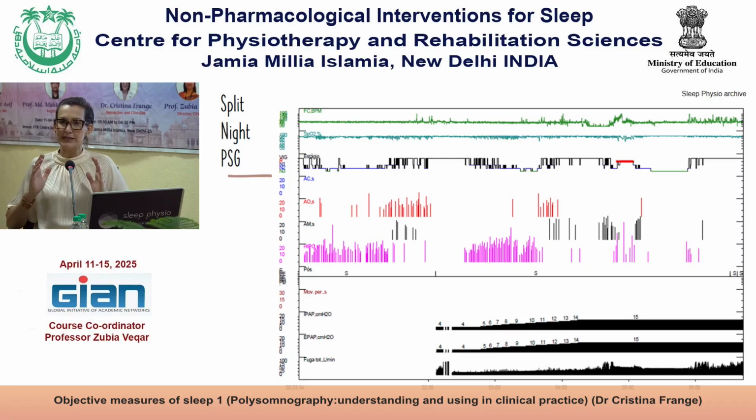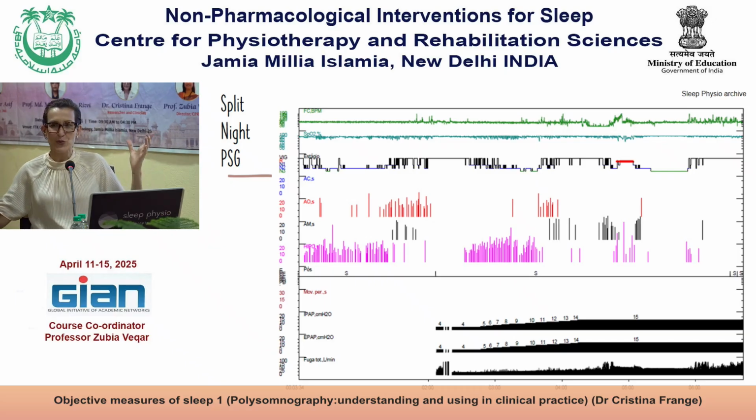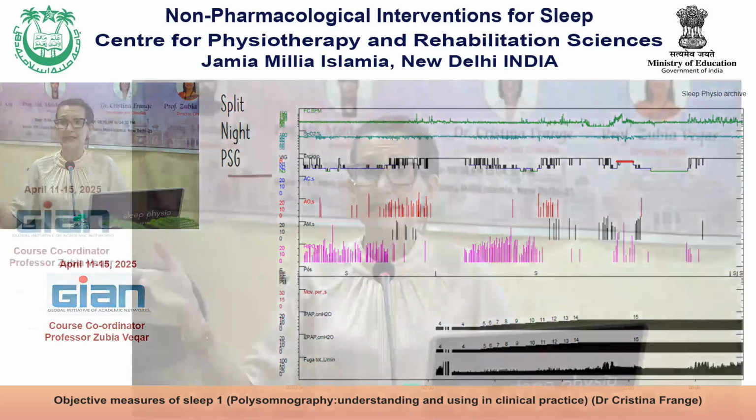So I say to my patients that I'm always in the middle between central events and obstructive ones. If I try to increase the pressure to eliminate the obstructive ones, in some patients I increase the central ones a lot. These cases are very difficult because we have to choose which way we want to go.